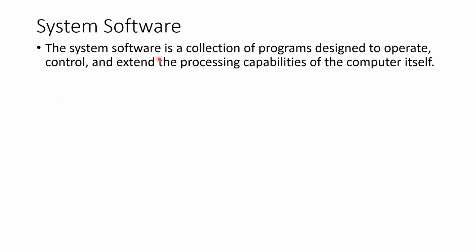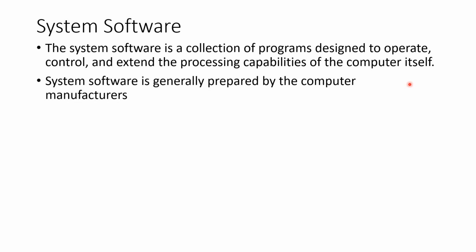System software is a collection of programs designed to operate, control, and extend the processing capabilities of the computer itself. It is generally prepared by the computer manufacturers.